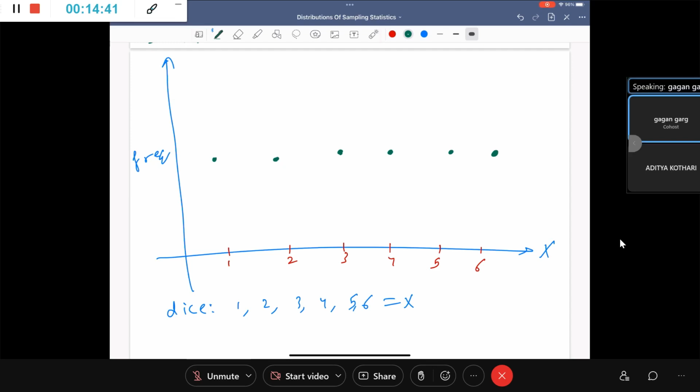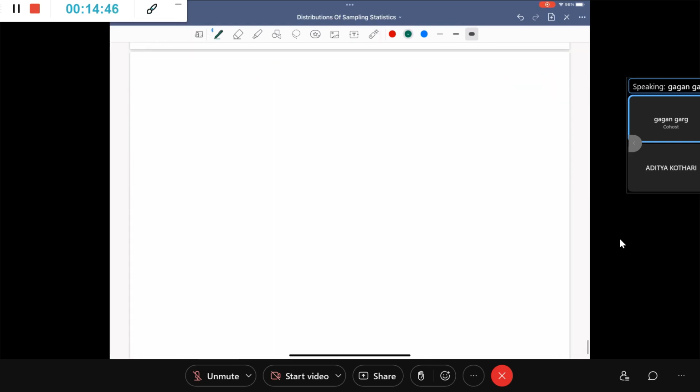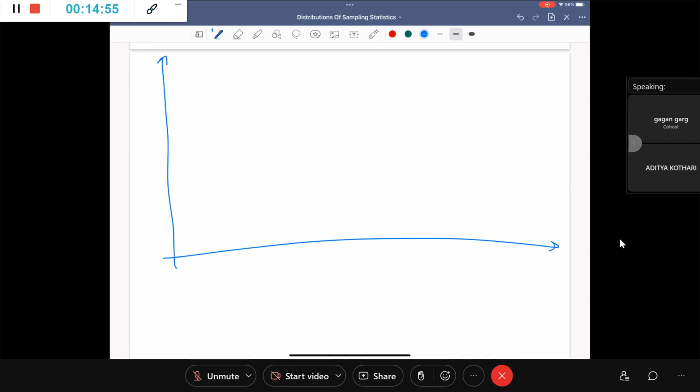Now, let's say we do the same experiment with 2 dice. Then how would the graph look? Throw 2 dice. The first question is, what are the possible values that the sum could take? Dice 1, for example, output is x1, and dice 2 output is x2.